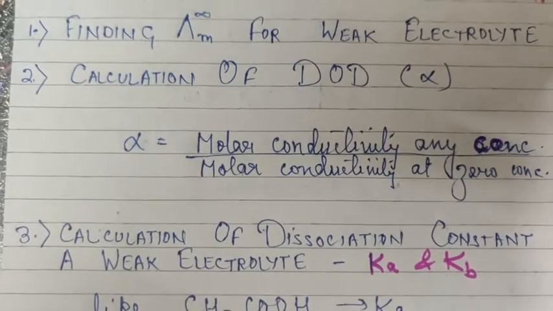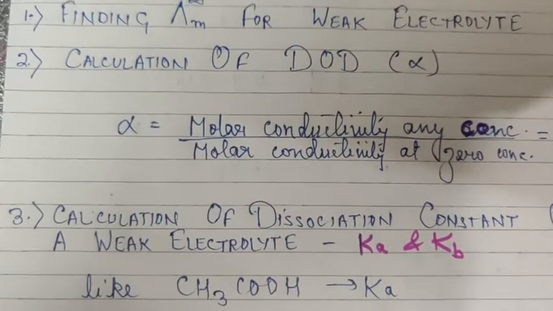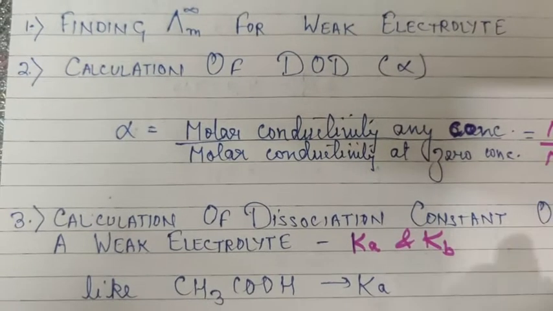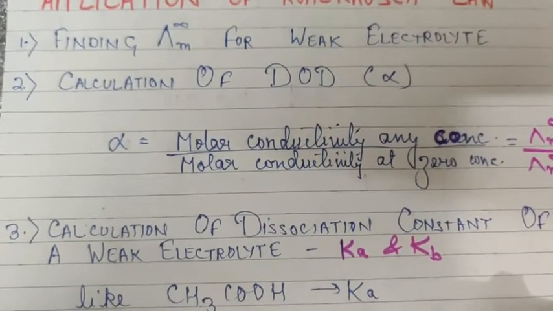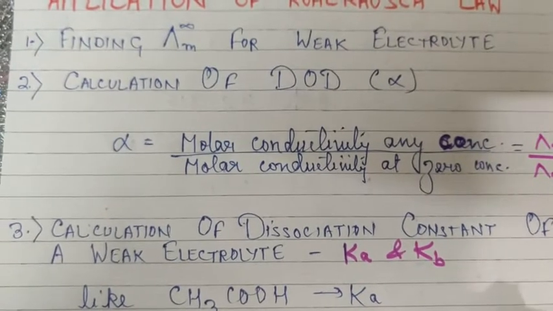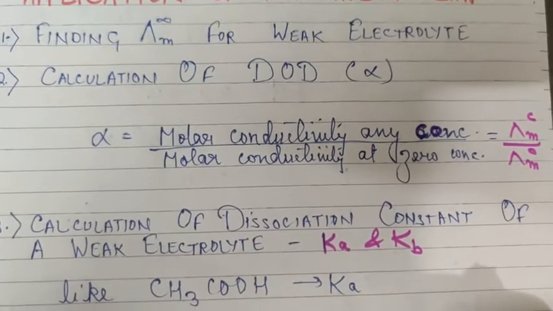Degree of dissociation, if you remember from the class 11 equilibrium chapter, where we did it in detail, tells us the number of molecules which have undergone dissociation out of the total molecules that you have taken.